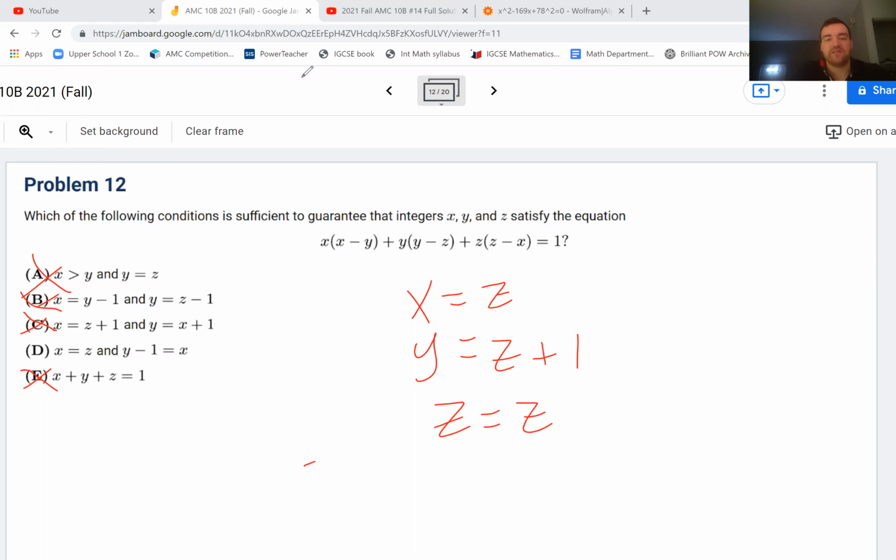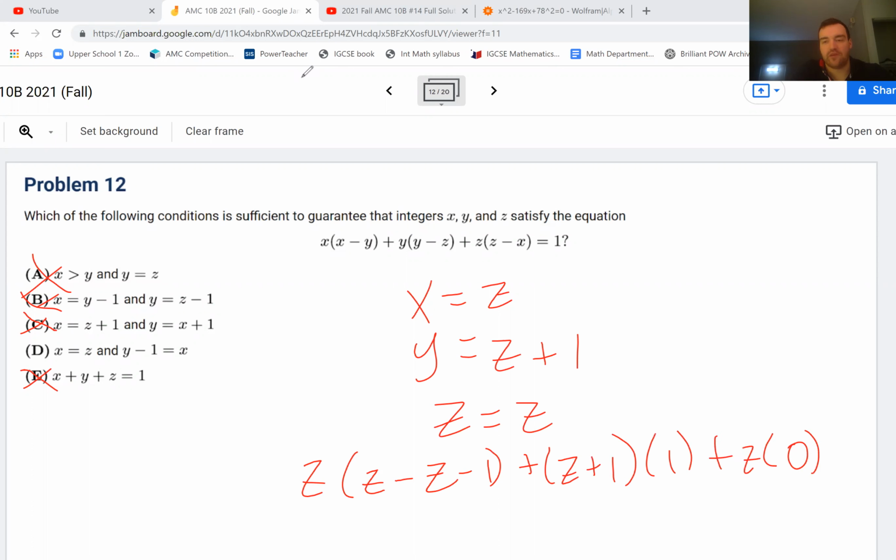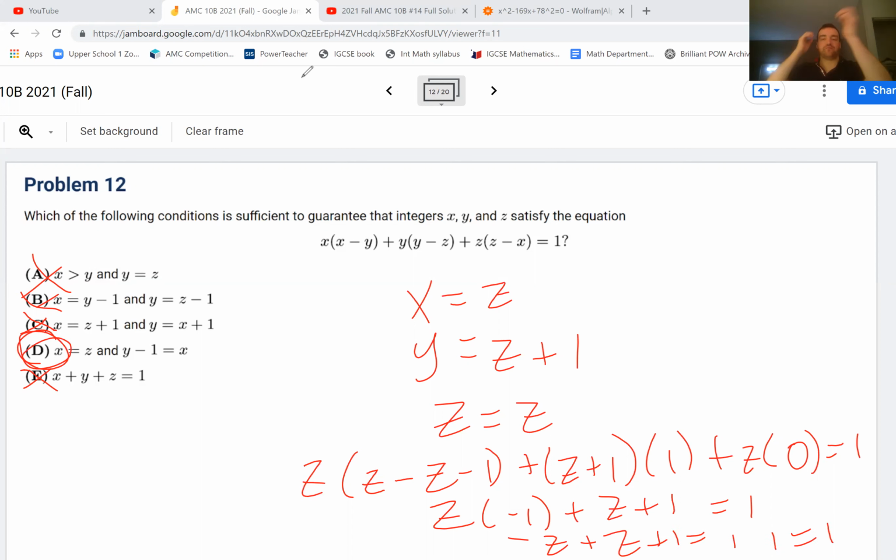We'll get |z minus (z plus 1)|, which is 1, plus |z plus 1 minus z|, which is 1, plus |z minus z|, which is 0, equals 1. That gives 1 plus 1 plus 0 equals 1. So the answer is D, right?